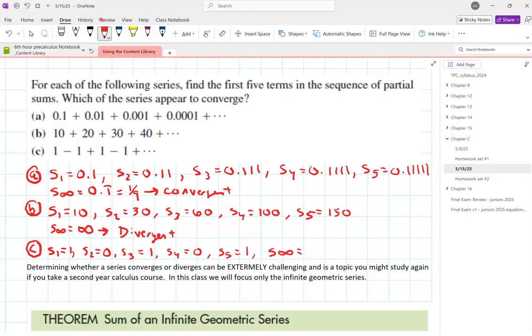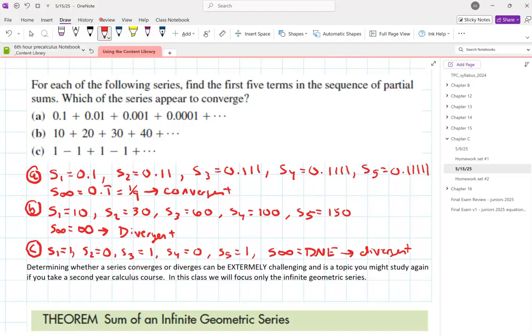Is that going to have a limit? If I follow that infinitely many times, am I going to know should be a 1 or should be a 0? No way to tell, right? What do we write in that case? That limit does not exist, which means that that series is divergent.